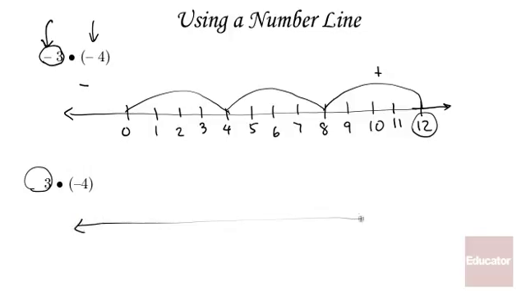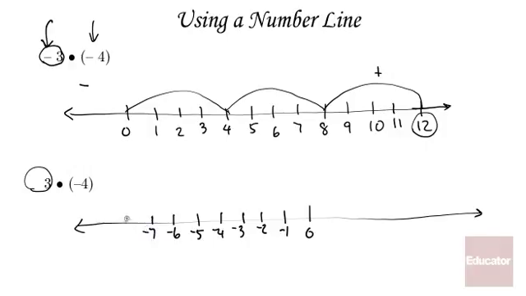So in this case on the number line, I'm going to be moving in the negative direction. Let me extend my number line. So let's take 3 groups of negative 4.